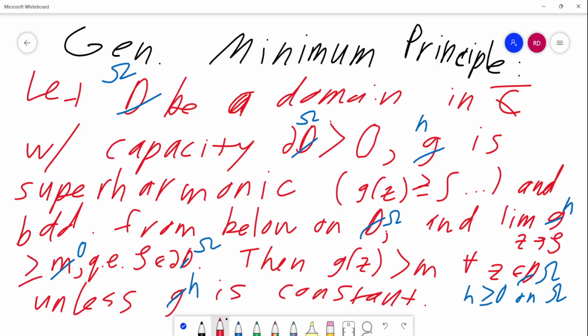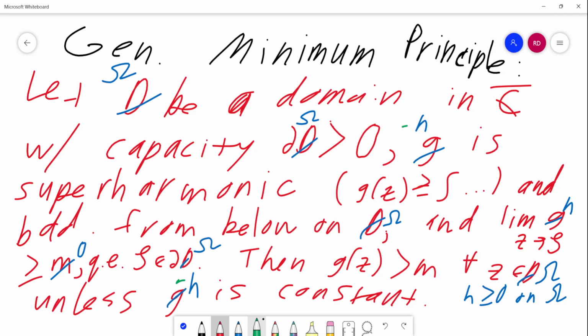But here's the clever part. We could also use negative H. Negative H would meet the same criteria. It would also be harmonic, and therefore superharmonic. It would also be bounded below on omega, a different bound, but still a bound.